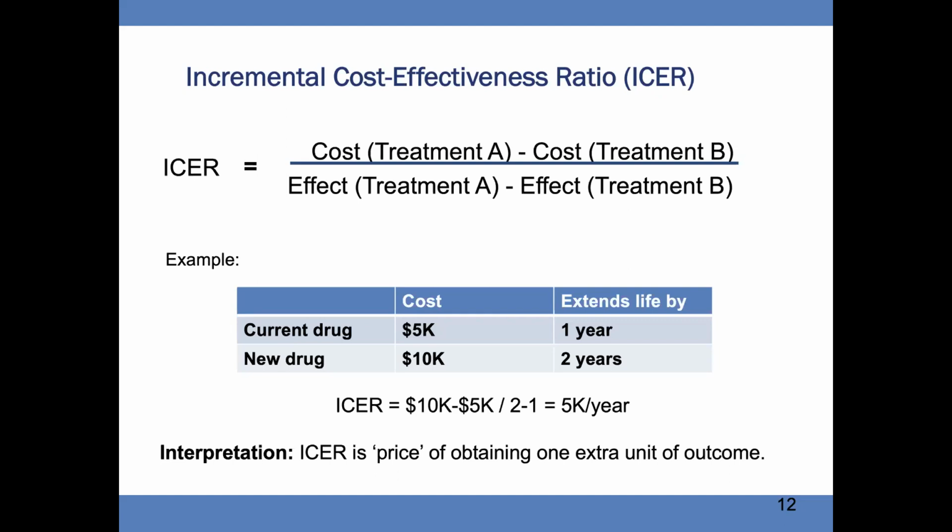The extra price is that you need to pay $5,000 more to get 1 more year of life. So that is the way we interpret the ICER. ICER can be thought of as the extra price you need to pay to obtain 1 extra unit of outcome.